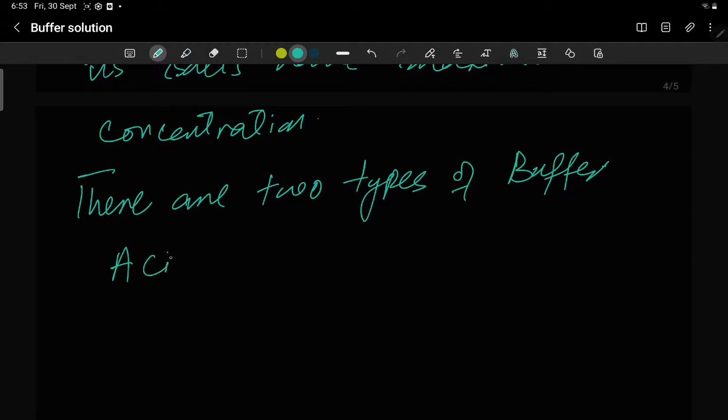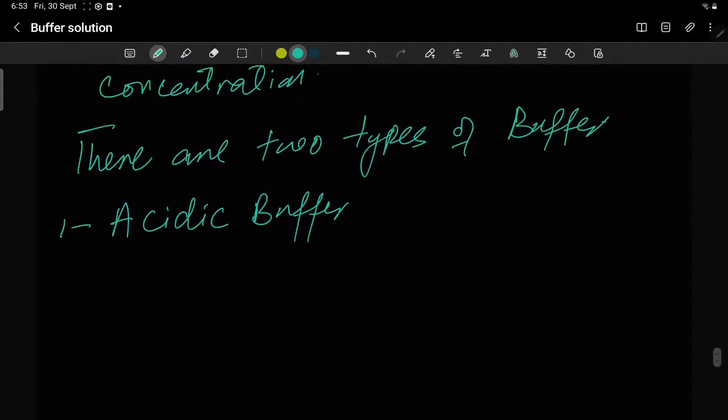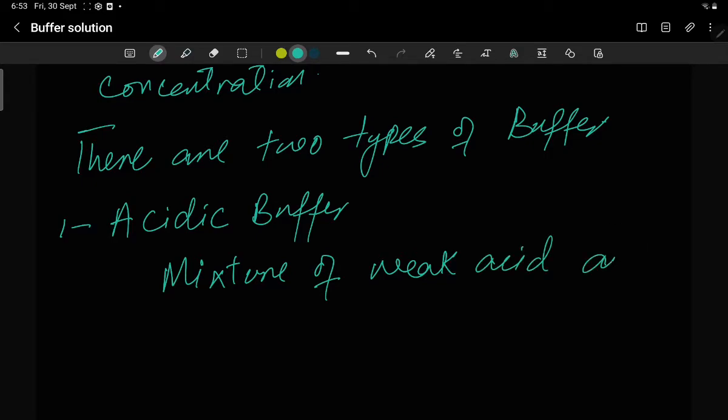Acidic buffer: a mixture of a weak acid and a salt of the weak acid.